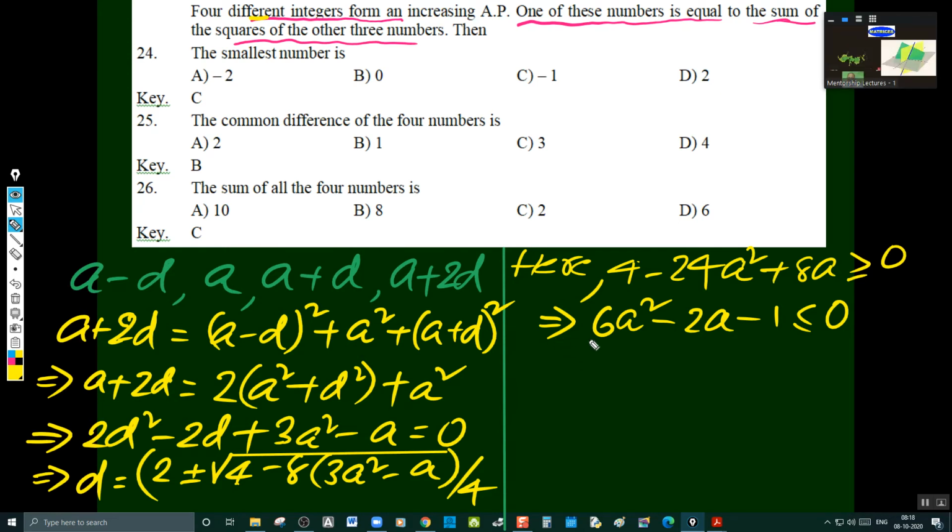Now let us apply the quadratic formula here. a is equal to minus b plus or minus root over b square, 4 plus 28, by 2a, means 12. Because it's not directly factorizable, you don't have rational factors for this, I applied the quadratic formula just to factorize it.